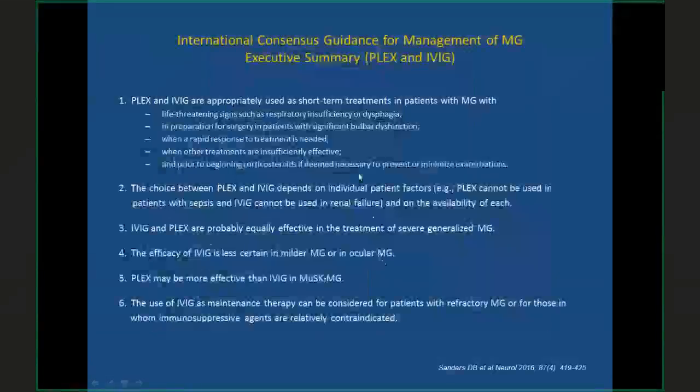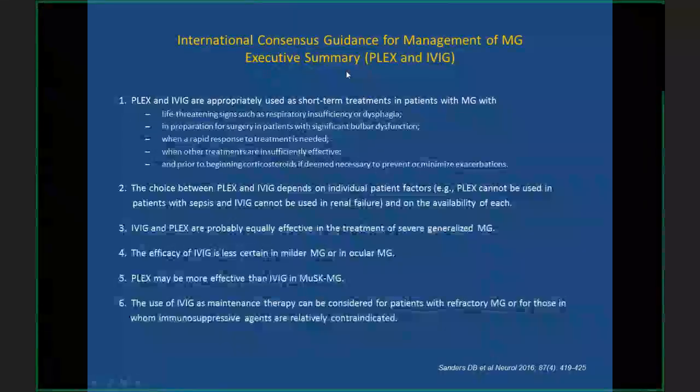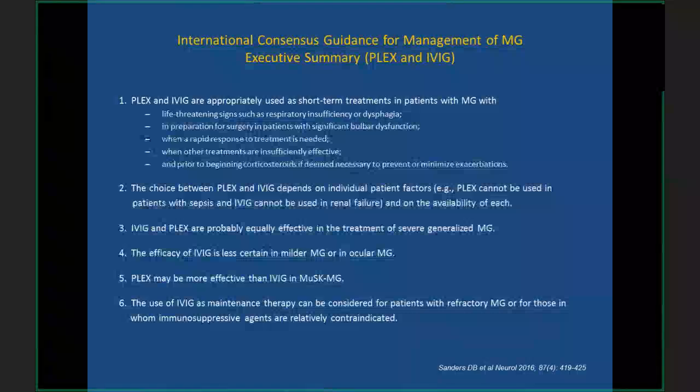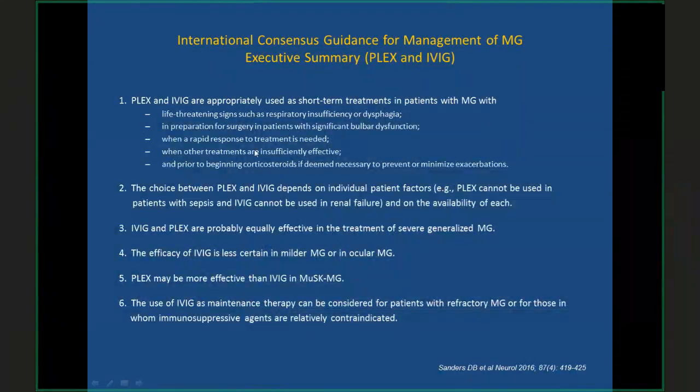Here, I just give a little summary of plasma exchange and IVIG, the two major treatments. Number one, plasma exchange and IVIG are used as short-term treatment in patients with myasthenia gravis with life-threatening signs, such as respiratory insufficiency or dysphagia.